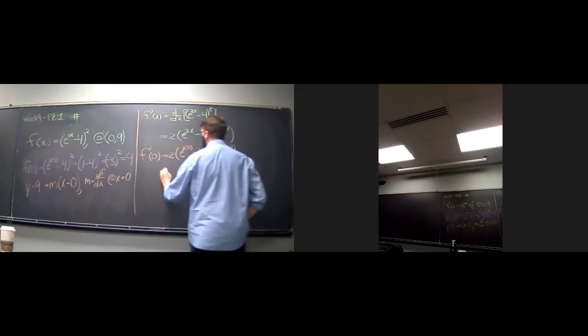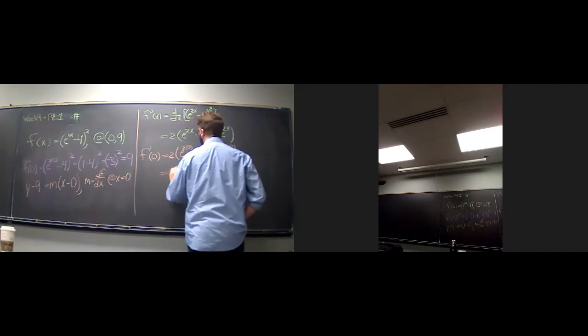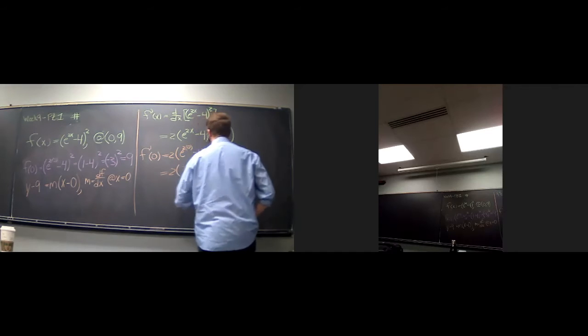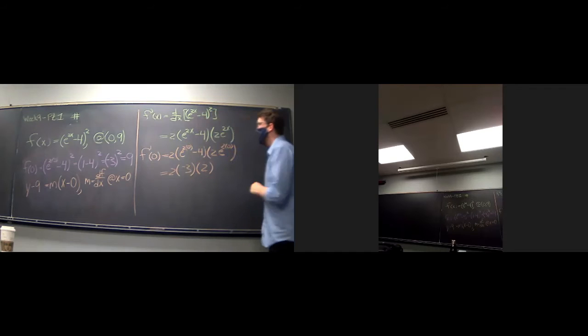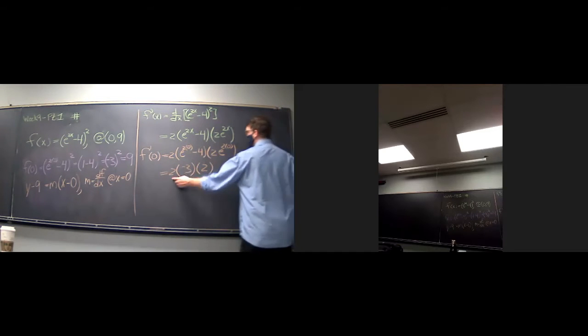So this will evaluate out to be 2 times negative 3 times 2, or 4 times negative 3 is negative 12.